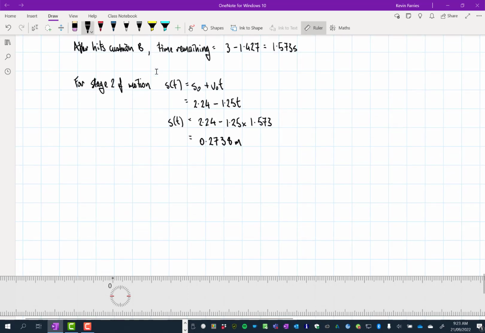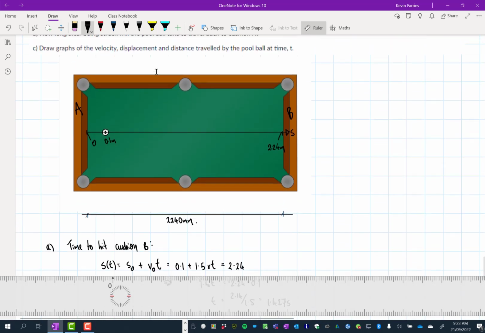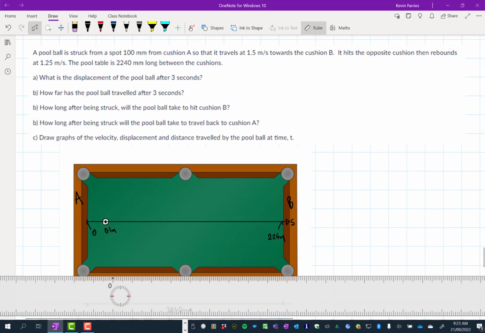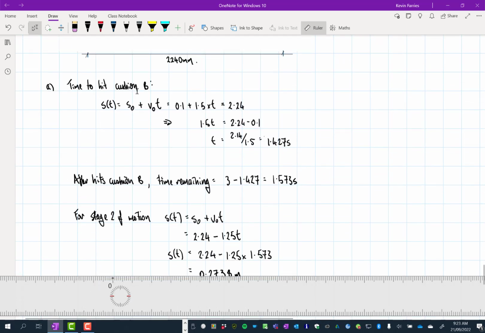So now we have got to think about displacement. So this is why I was saying maybe I shouldn't have changed it back. It's saying, what's the displacement of the pool ball after 3 seconds? And if we're talking about a displacement and it doesn't tell you from where, we assume it's relative to the starting point.